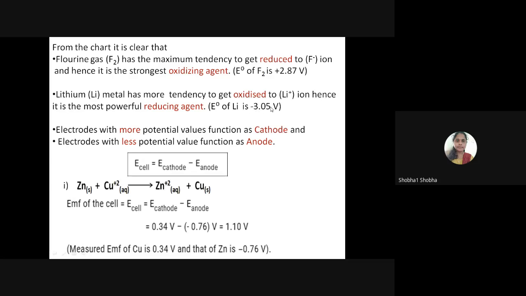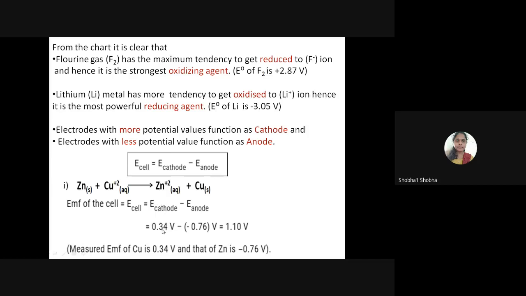Whenever I talk about potential now, it means reduction potential only. And the E cell of the cell is cathode minus anode. Very simply I can calculate one example for you here. This is the net reaction of the cell, where the cathode is copper.